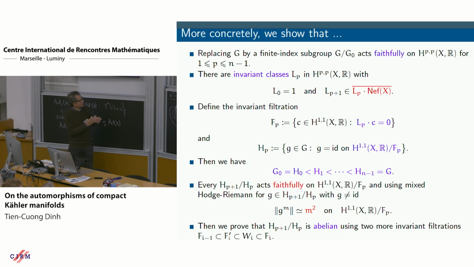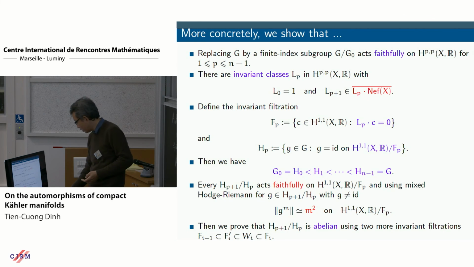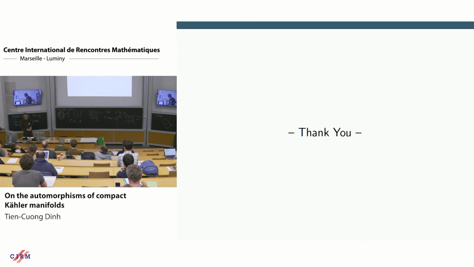This is a very interesting invariant filtration of the cohomology that I think I don't have time to say more about. But then using all these invariants, you can show that HP plus 1 over HP is abelian. But I think the construction should be more useful than that. So I don't have time to tell you more. So okay, I stop here. So thank you very much.